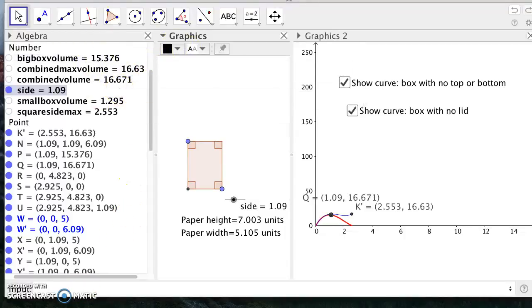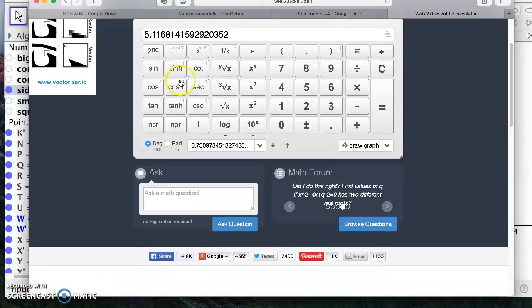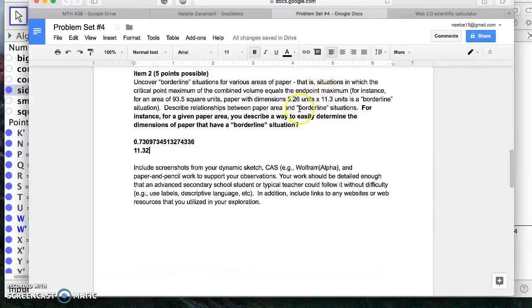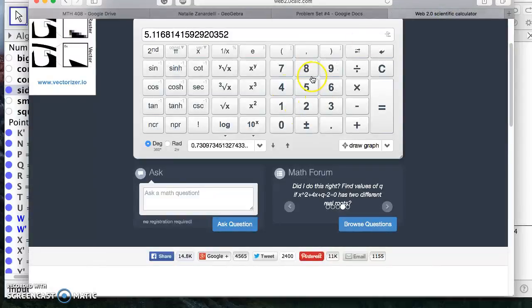So what I found that also relates is what could be classified as a borderline situation. So I tried to find which two dimensions would equal approximately this square units. If I took 8.26 times 11.3, like I said, we got 93.338.